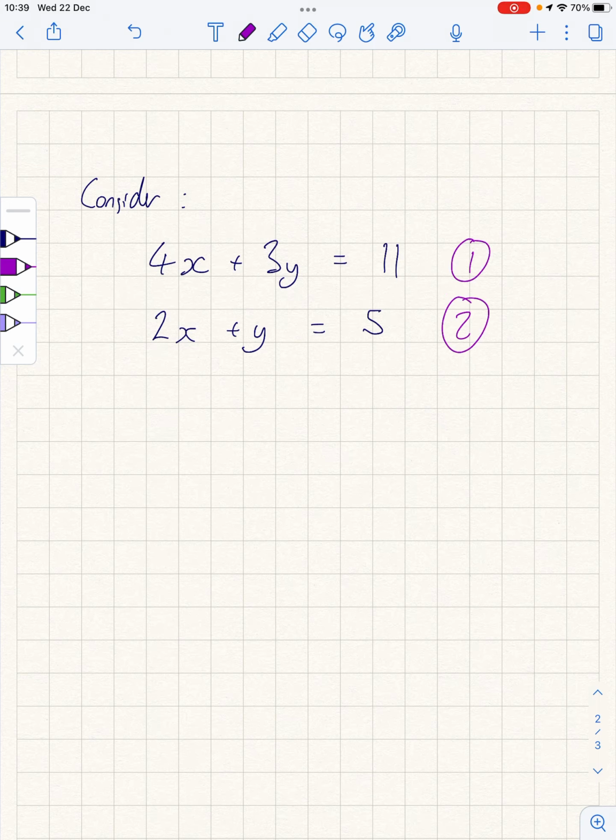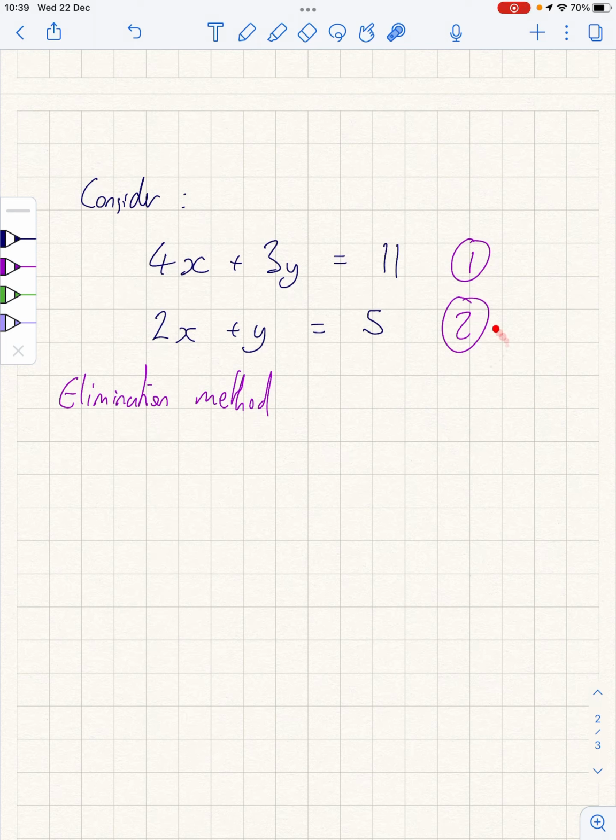We're going to start by looking at what's called the elimination method. This is going to be the quickest way of doing this question. What I'm going to do is try and make the coefficients of the x the same, or the coefficients of the y the same. I think if I multiply everything by 2, it's going to make things a lot easier.